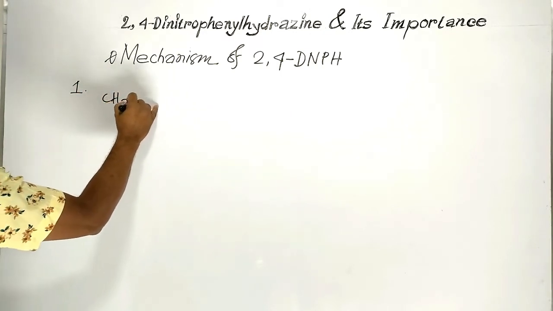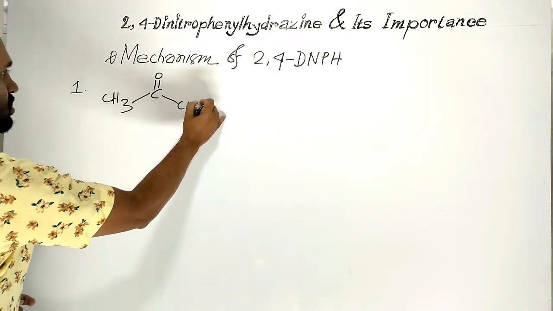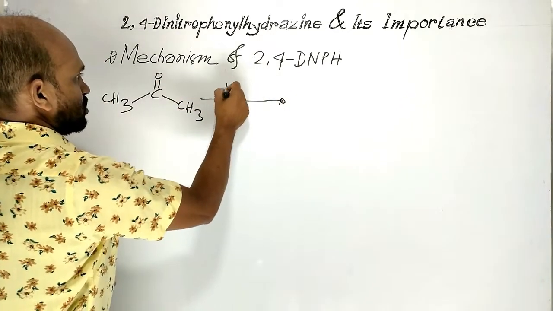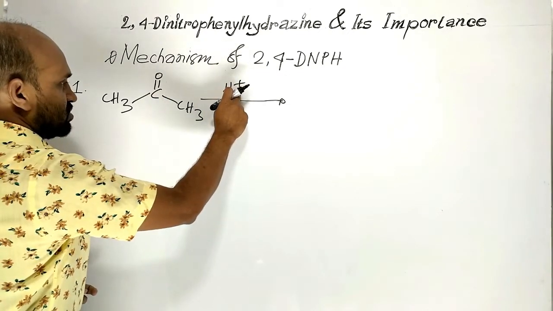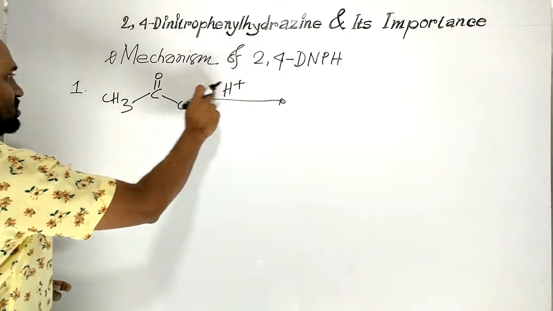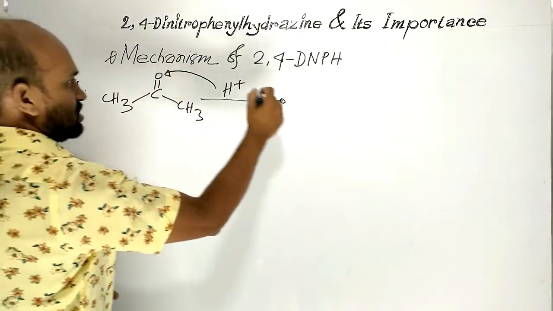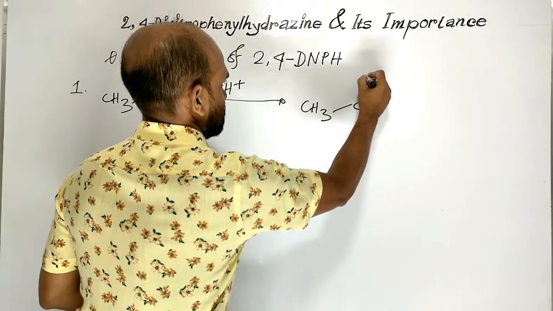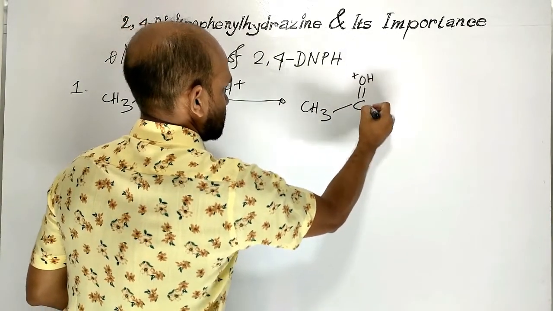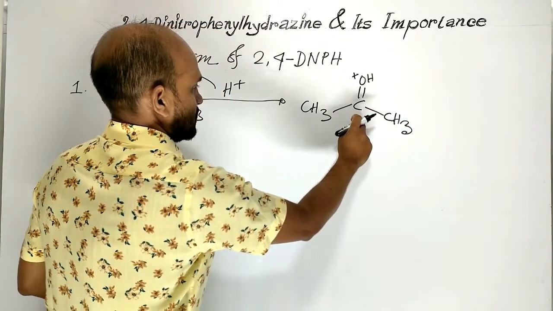Any carbonyl compound, suppose propanone, which is protonated first, that is present in the Brady's reagent. Carbonyl group is protonated in this way. Then this is obtained. Here plus, here CH3.